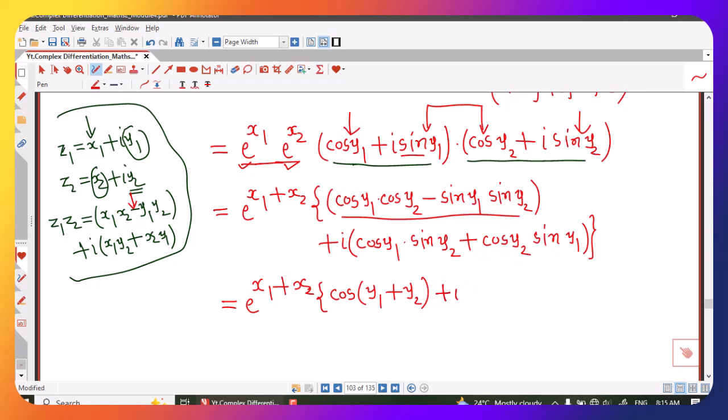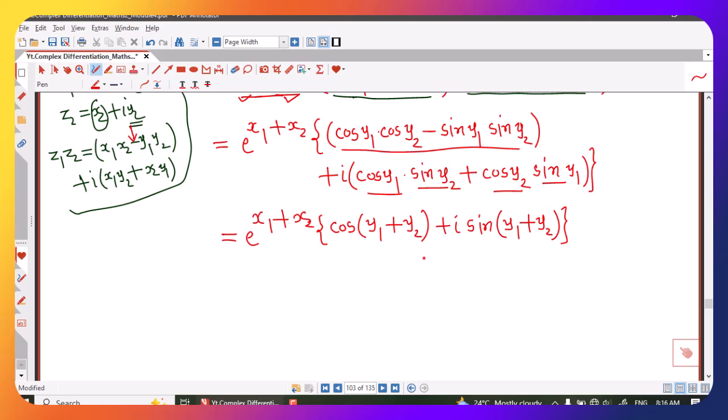Similarly, this second is formula of sin of y1 plus y2. We know that sin of y1 plus y2 is given by sin y1 into cos y2 plus cos y1 into sin y2. So using those trigonometric formulas, we obtain this step.